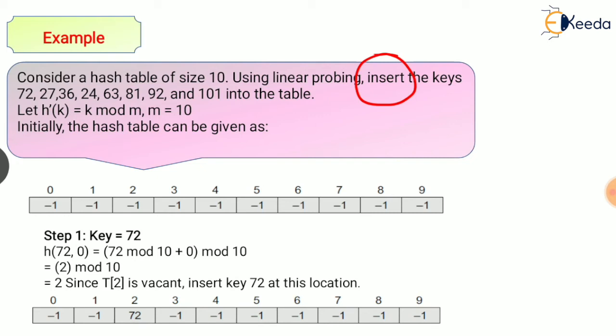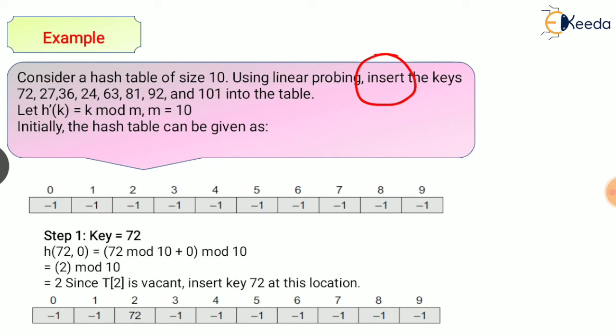So step 1, consider the first element, that is 72. Key is equal to 72. h(72, 0), where 0 is the probe number. Initially it is 0. Now 72 mod 10, where 10 is the number of positions, plus 0 mod 10. So 2 mod 10 is equal to 2.